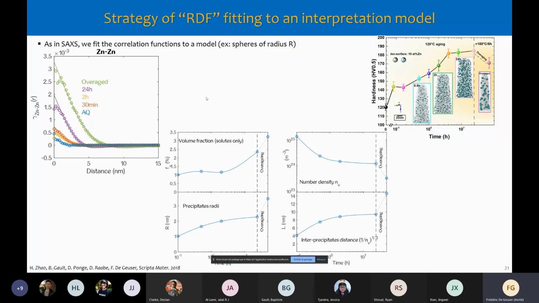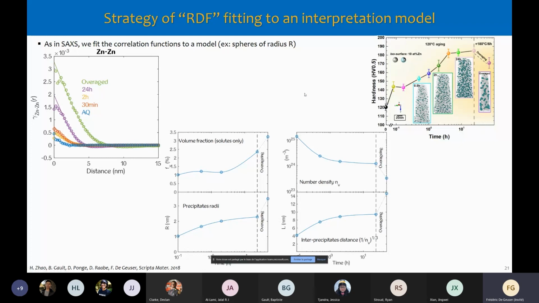Here in this case, what we have done is parameterize an RDF model, a correlation function model, that we have fit to our data, which is what you can see here. That enabled us to get volume fraction, number density, size, etc., as a function of time from atom probe data sets by using the very same formalism that we used for SAXS.